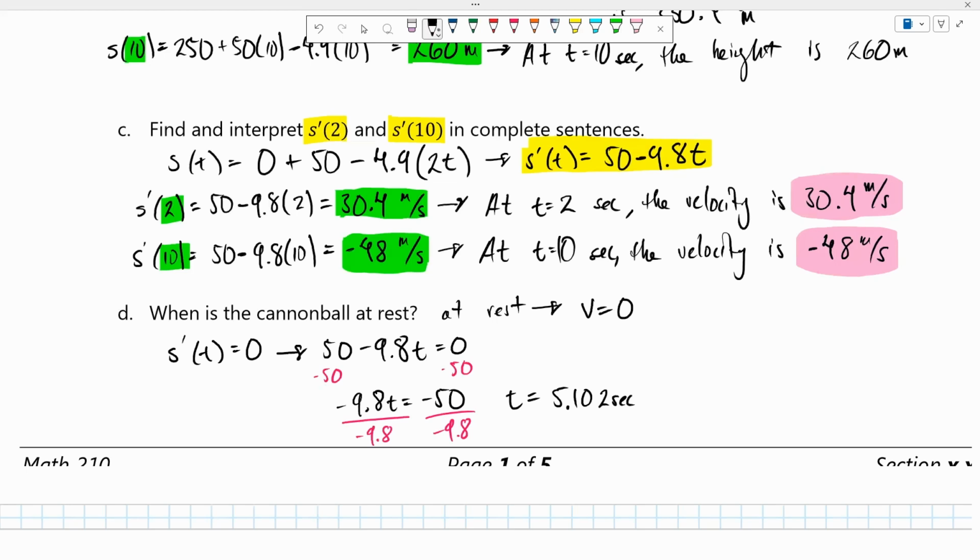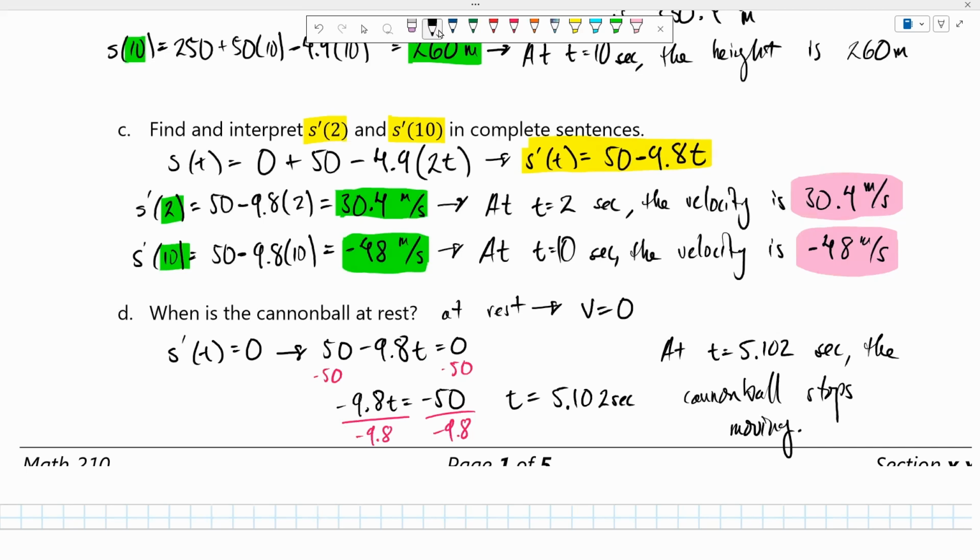So at t equal 5.102 seconds, the cannonball stops moving. There we go. There we have it.